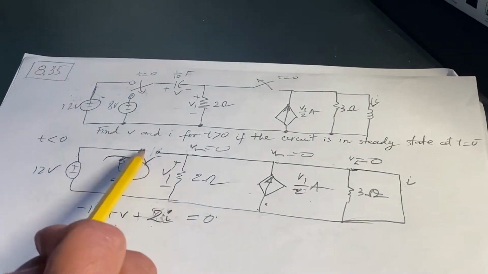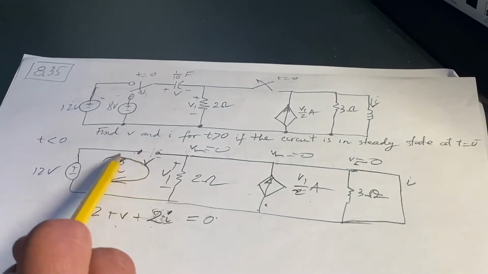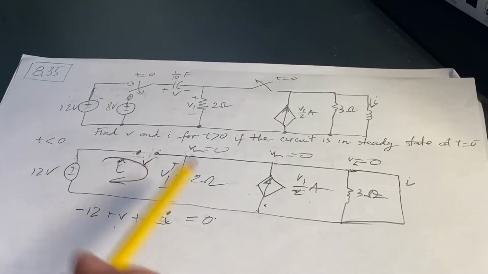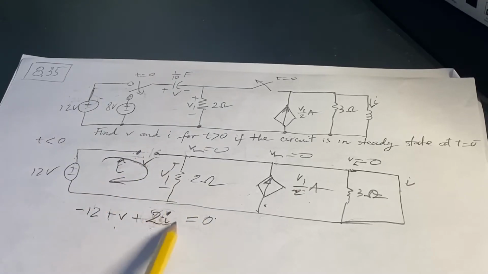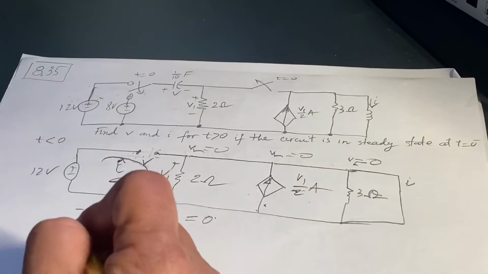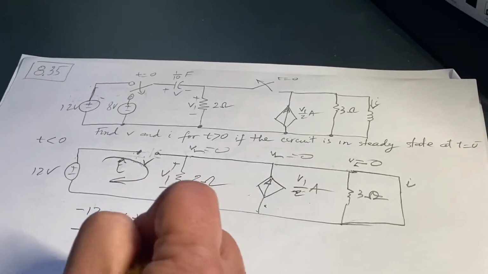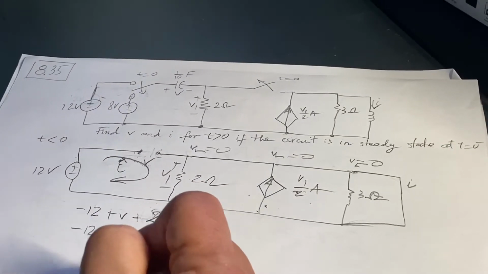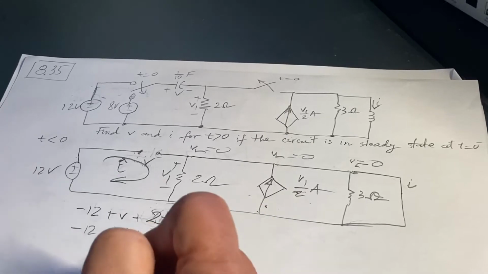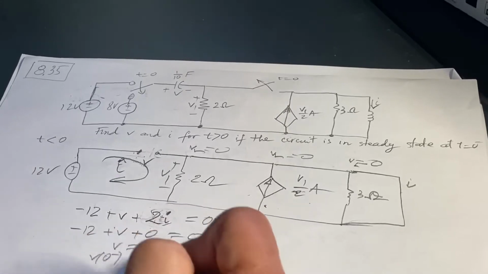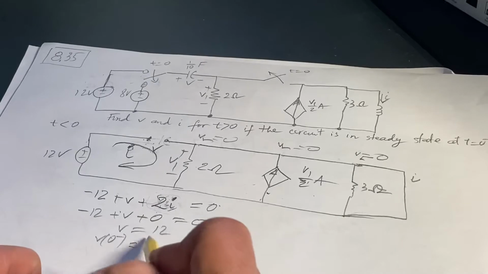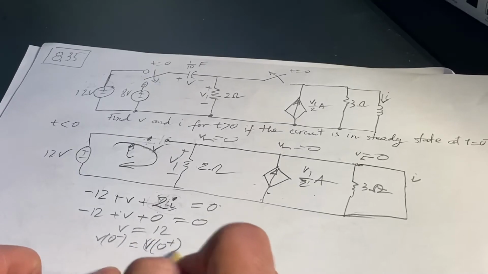But we know this is an open circuit, so the current right here equals 0. That means I right here equals 0. So 12 volt plus V plus 0 equals 0. That means V equals 12 volt. So V at t equal 0 minus equals V at 0 plus equals 12 volt.